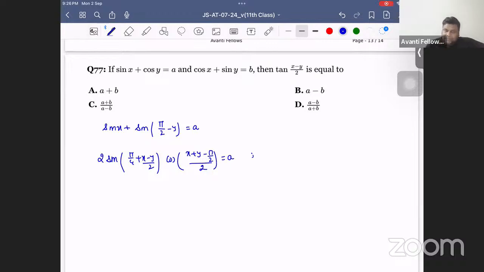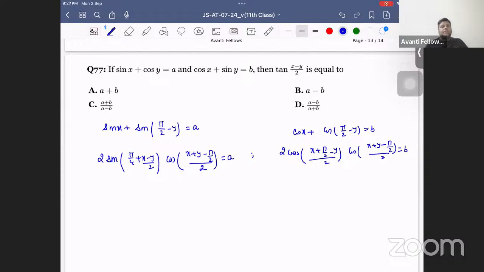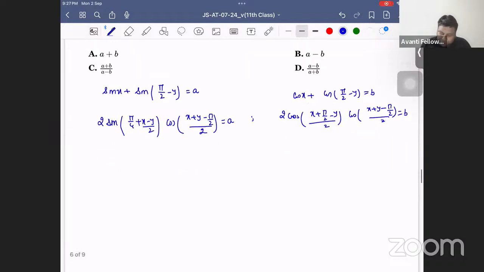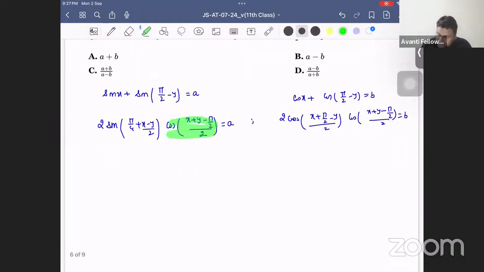Now cos x plus sin y, I can write it as cos x plus cos (pi by 2 minus y), as B. Now cos C plus cos D is 2 cos (C plus D) by 2, so (x plus pi by 2 minus y) upon 2, into cos (C minus D) by 2, so it will be (x plus y minus pi by 2) upon 2, is equal to B. All right. Now, if I divide both of them, you realize this factor is common in both.